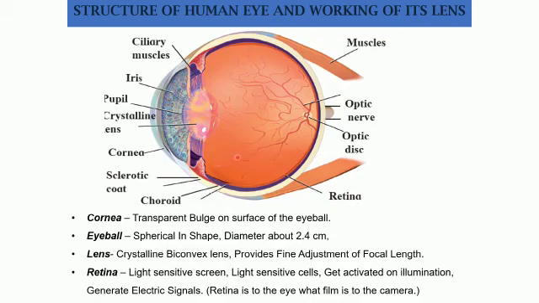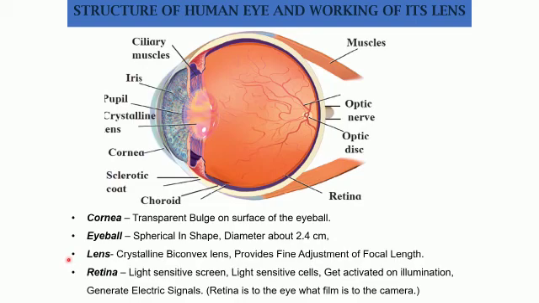So these are some important parts of the human eye. Let us quickly go through it. Once again, cornea, transparent bulge on the surface of the eyeball, main function being refraction of light. Eyeball, spherical in shape and diameter is about 2.4 centimeters.